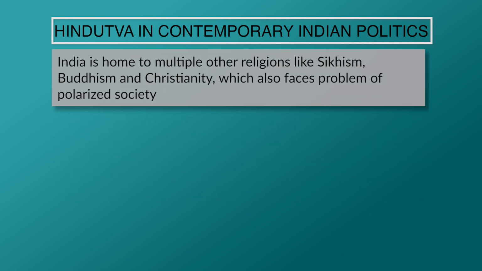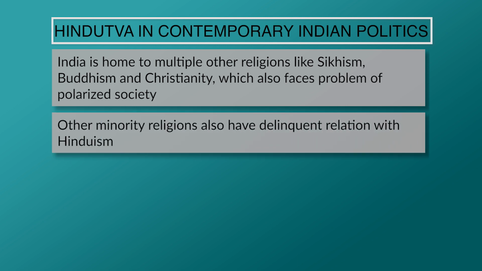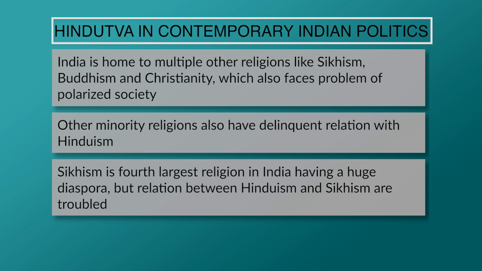India is home to multiple other religions like Sikhism, Buddhism, and Christianity, which also face the problem of a polarized society. Other minority religions also have a delinquent relationship with Hinduism. Sikhism, the fourth largest religion in India, having a huge diaspora, but relations between Hinduism and Sikhism are also troubled.